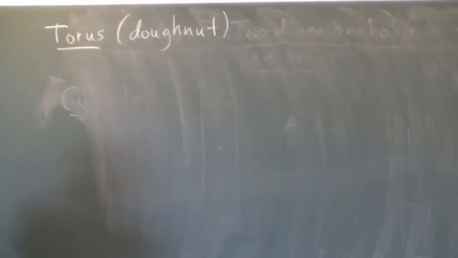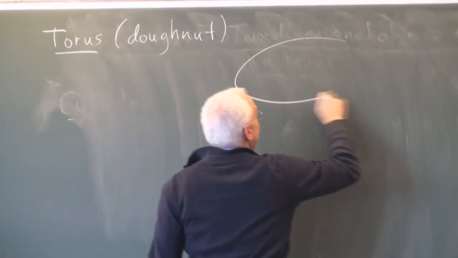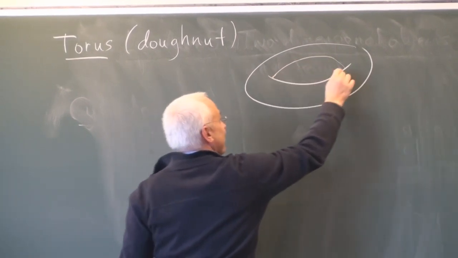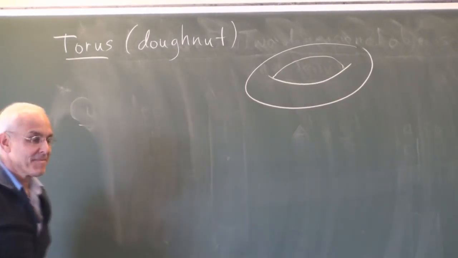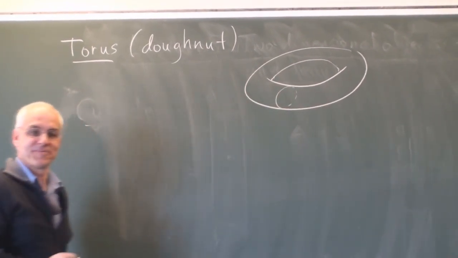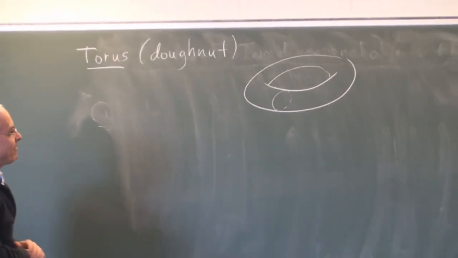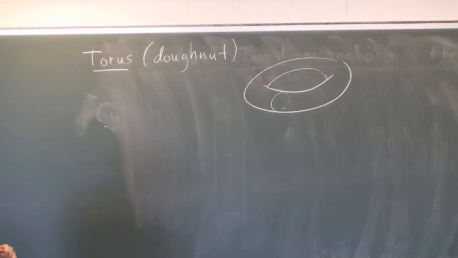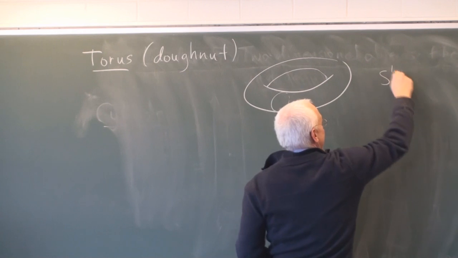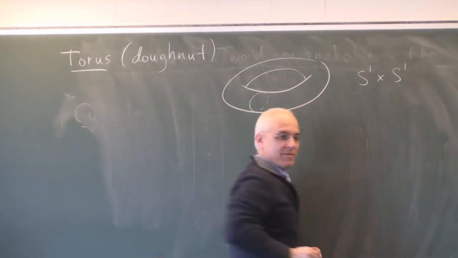Okay, what's a torus? It's a two-dimensional surface. It looks like that, and it's got a round cross section. And topologically, it's S1 cross S1.